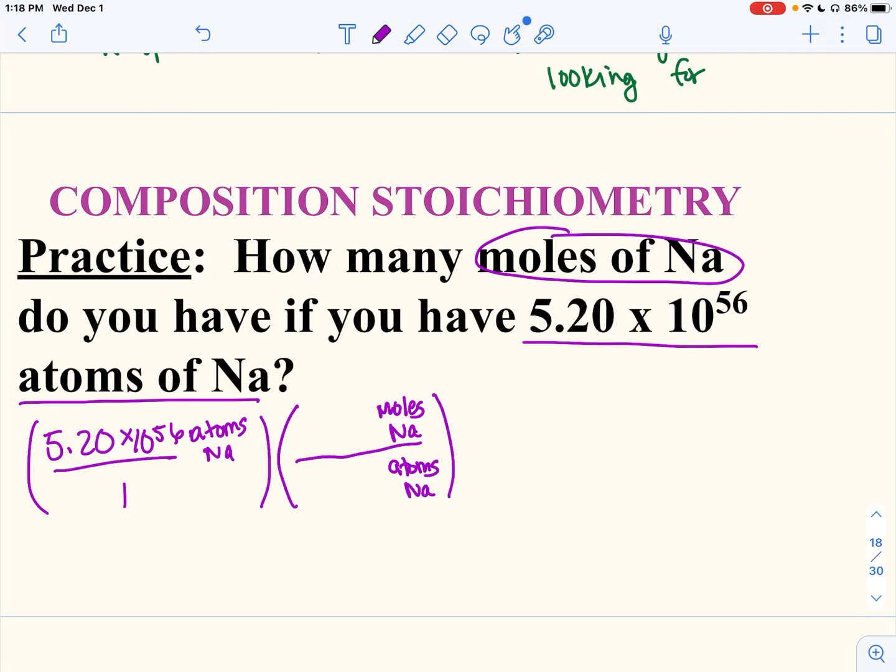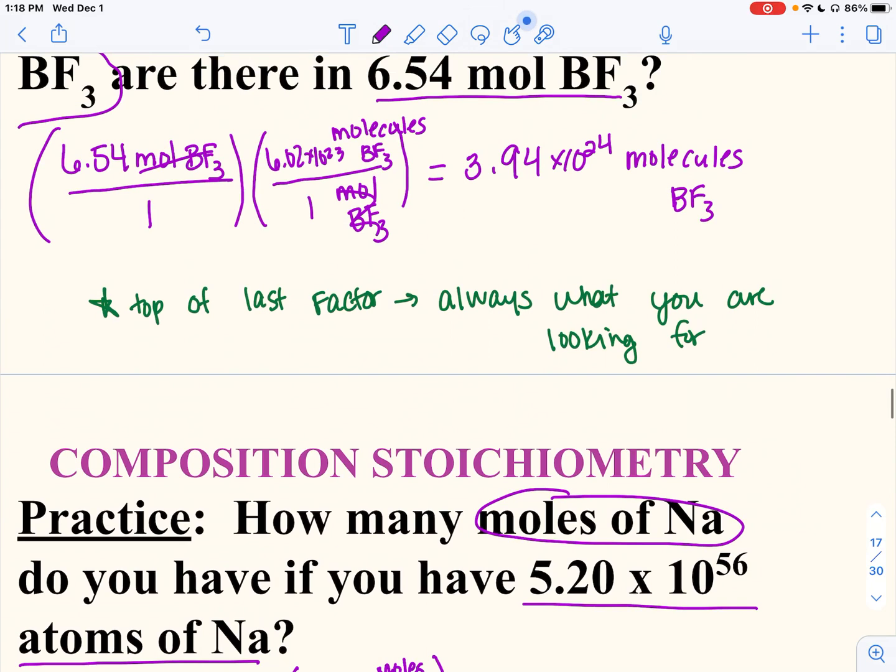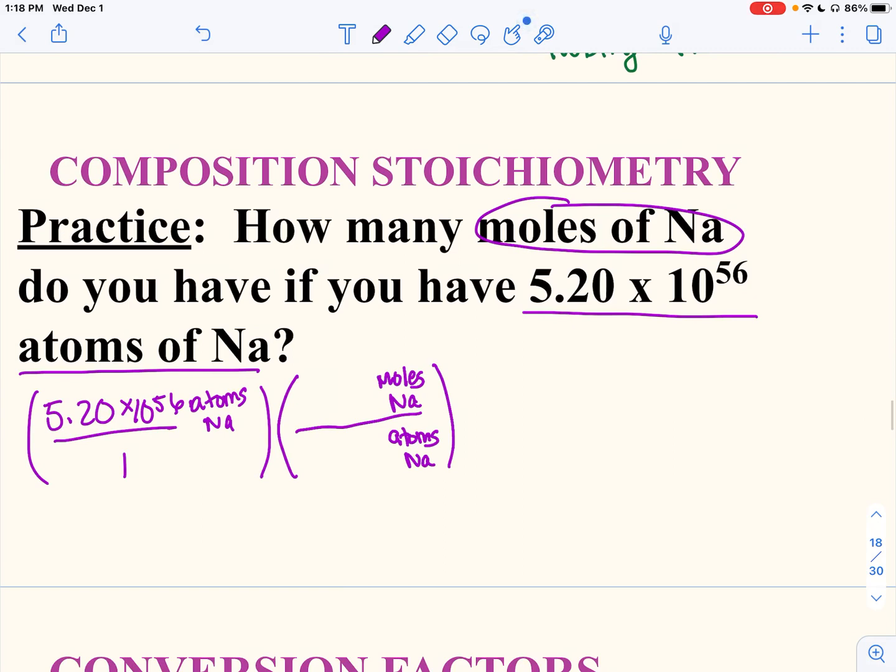And this is where students get a little thrown off, because they just go up to this example and they copy the numbers 6.02 times 10 to the 23rd on the top and 1 on the bottom. But what you need to do, there's no shortcut here.